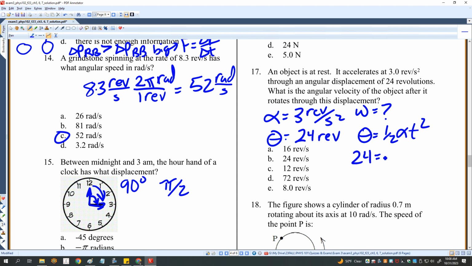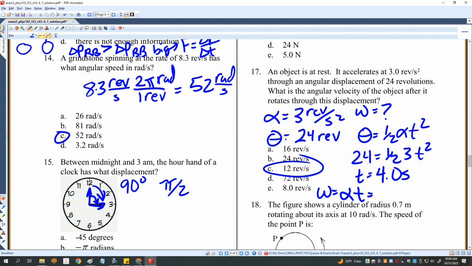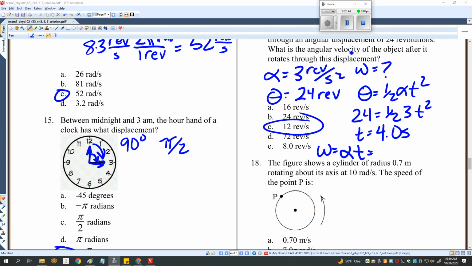That's 24 is equal to 1/2 of 3t squared, and I find that t squared is equal to 24 divided by 1.5, which is 16, so t is equal to 4.0 seconds, and then omega is equal to alpha times t. That's going to be 3 times 4, or 12 revolutions per second.